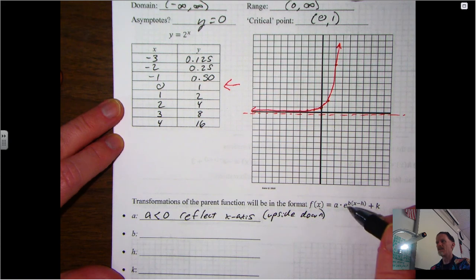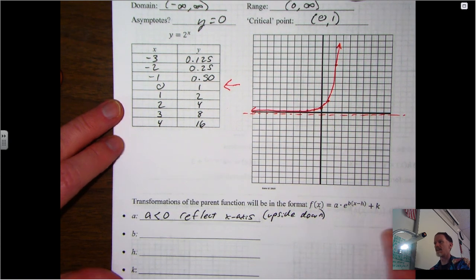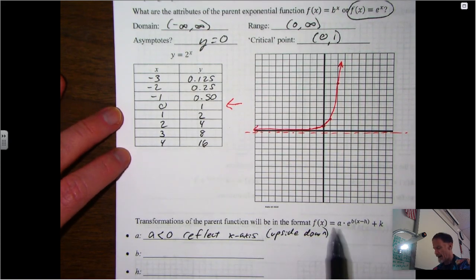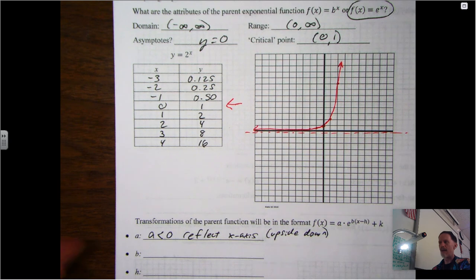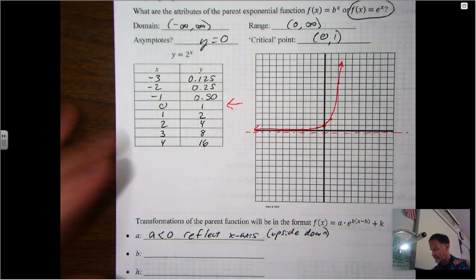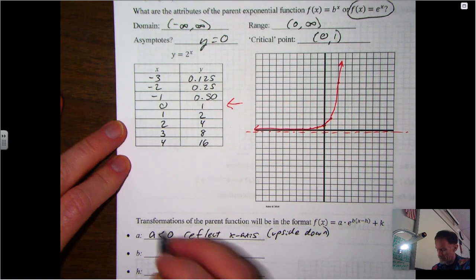Same thing with the b value. Remember, that's a horizontal stretch, horizontal compression, stuff like that. We're not going to worry about that either. Honestly, the whole a value and b value, we'll get back into those and really what they do when we get into trig. But for right now, really all we're going to be worried about in this unit is reflection. So same thing with a.